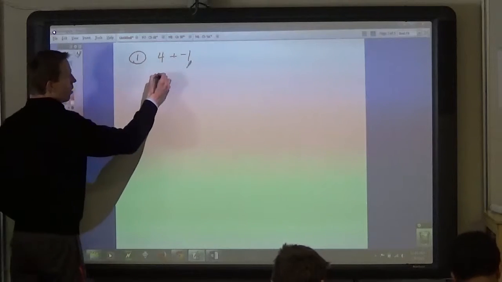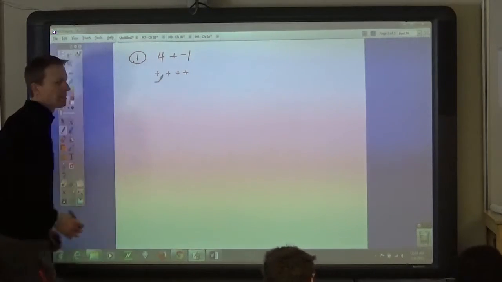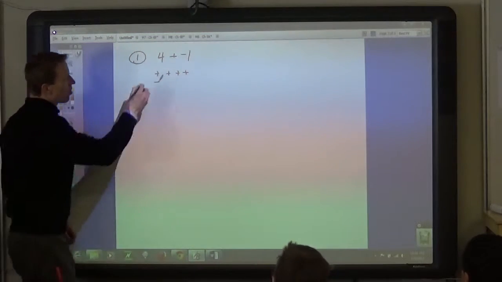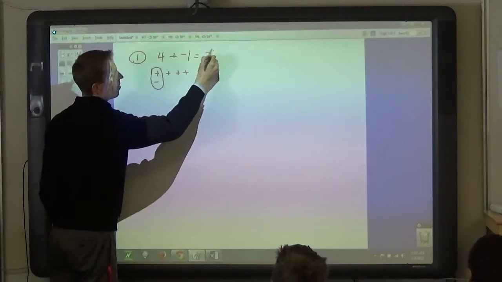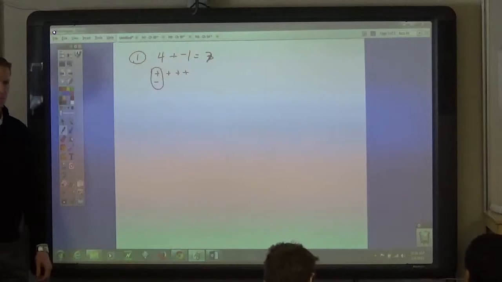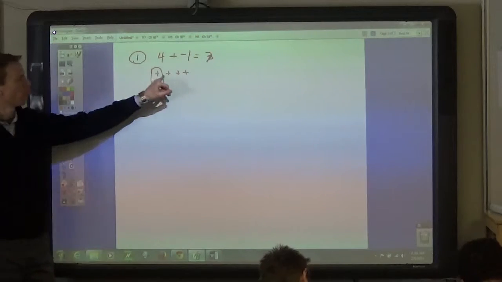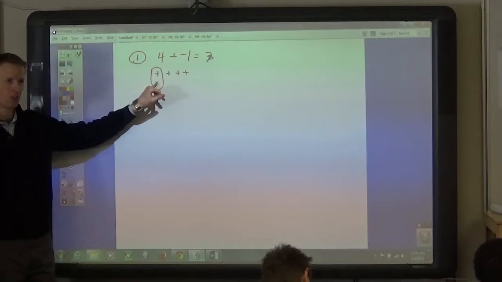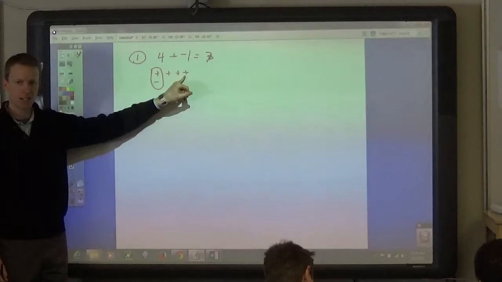Now, write 4 plus signs and 1 minus sign underneath it. Circle these 2, and then write 3. Okay? 4 pluses, 1 minus. Circle these 2, and then this shows that the answer is positive 3.